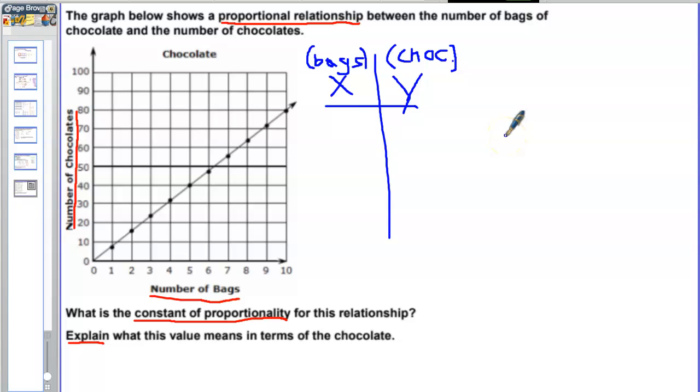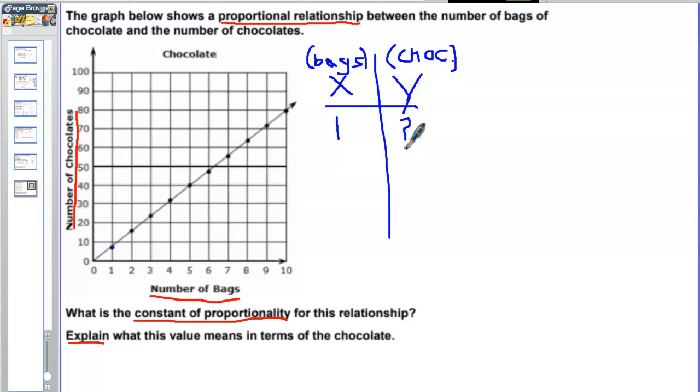Okay, so I'm going to look at the number of bags. I see one for one bag of chocolate. It goes just a little bit below the line for 10 chocolates. So I don't really know what that value is. So I'm going to put a question mark because I'm not exactly sure.